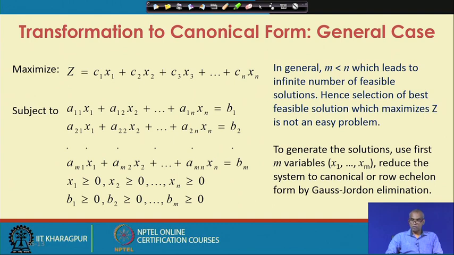So, what we do is we take the first m variables x1, x2 up to xm and reduce the system to canonical or row echelon form by, say, Gauss-Jordan elimination method.